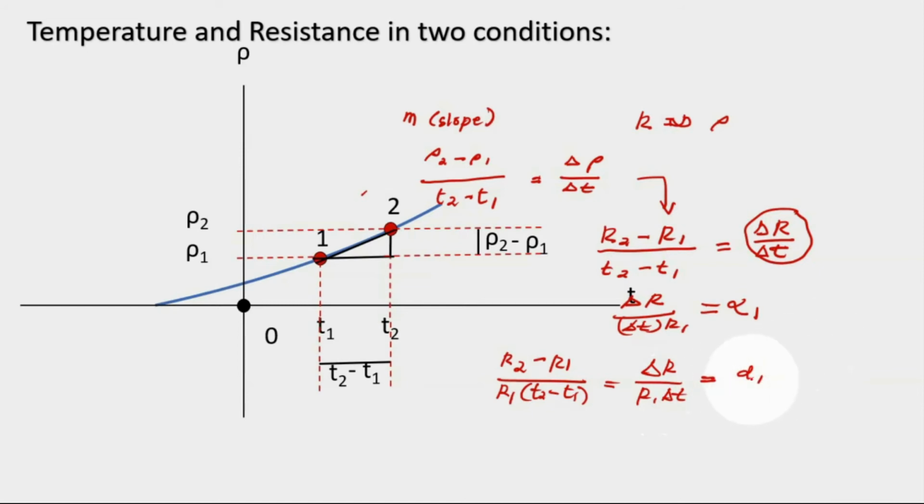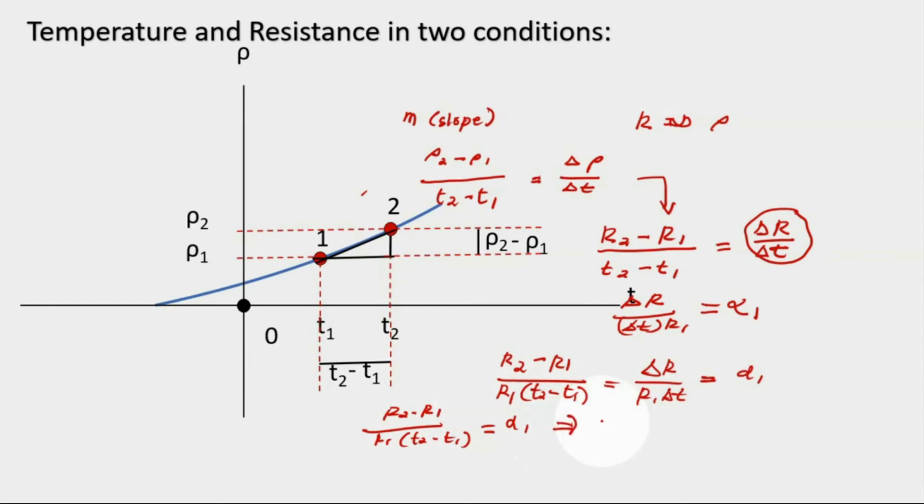So you can have an equation now between the two conditions, considering the resistances. We can write it like this: R sub 2 minus R sub 1 over R sub 1 times T sub 2 minus T sub 1 equals alpha 1. By algebraic manipulation, you can get R sub 2.